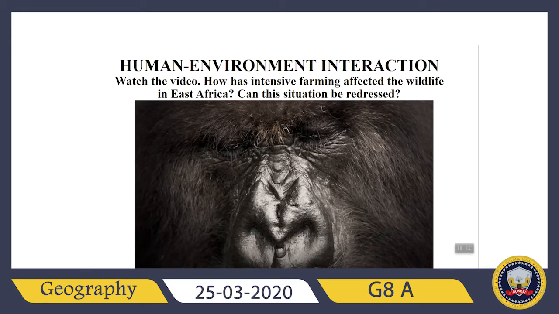how has intensive farming affected the life of gorillas in East Africa? First of all, farms robbed gorillas of their natural habitat, their territories. Okay. Second, gorillas have come into close contact with people, right?